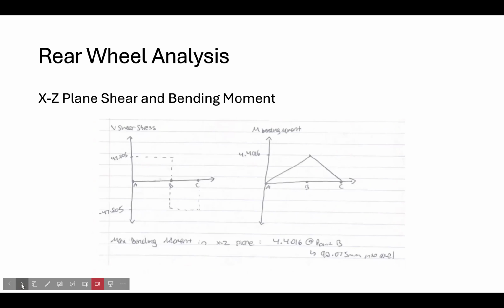Similarly, this is the XZ plane shear and bending moment diagrams that I constructed. On the sides, the acceleration was creating a force of about 47.8 newtons, meeting in the middle once again to create a max bending moment at point B in the middle of the axle of about 4.4 Newton meters.